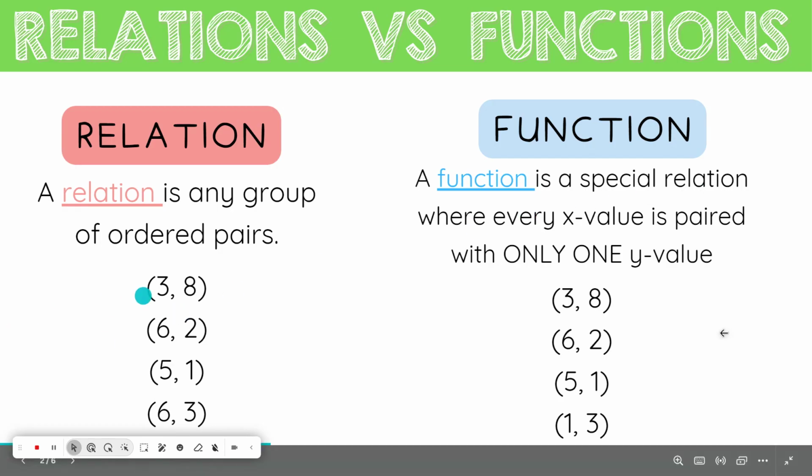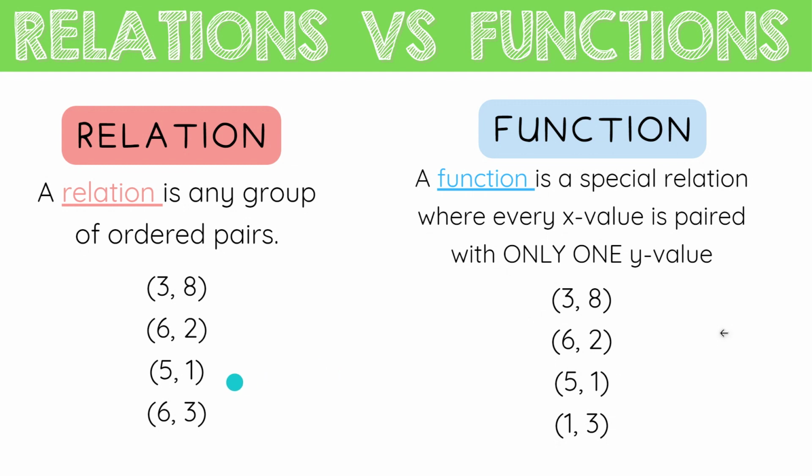So you can see on this example that the first one is a relation, but it's not a function. So that means that in the second case, see how every x value goes to one y value? So 3 goes to 8, 6 goes to 2, 5 goes to 1, and then 1 goes to 3.